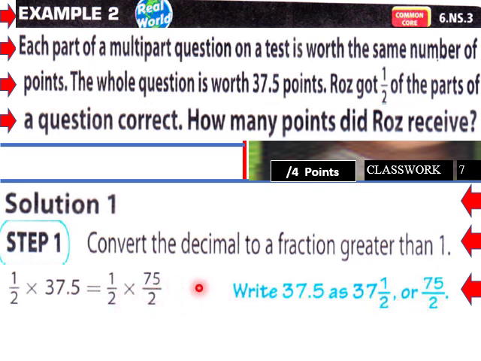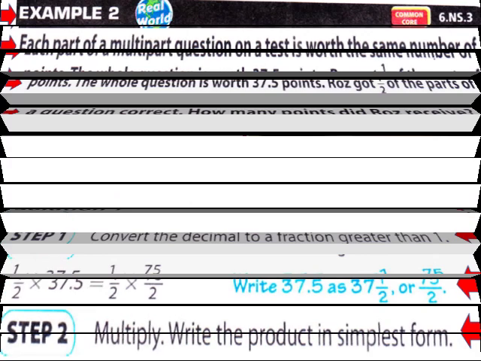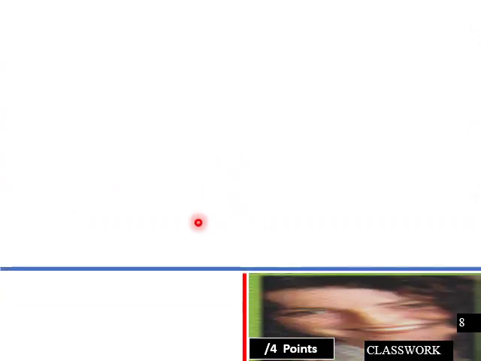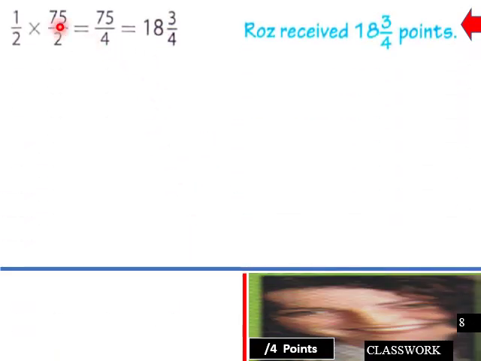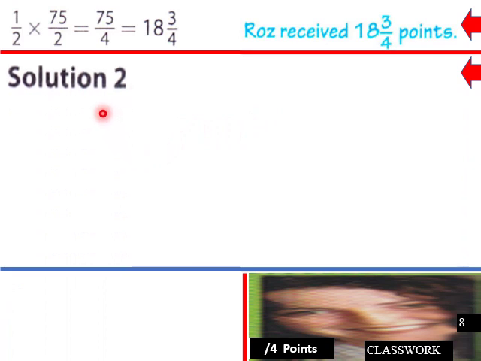And then we're going to take 1/2 of 75 over 2. Multiply, write the product in the simplest form. Once we multiply 75 over 2 times 1 over 2, we get 75 over 4, which is the same thing as 18 3/4. So Roz received 18 3/4 points.